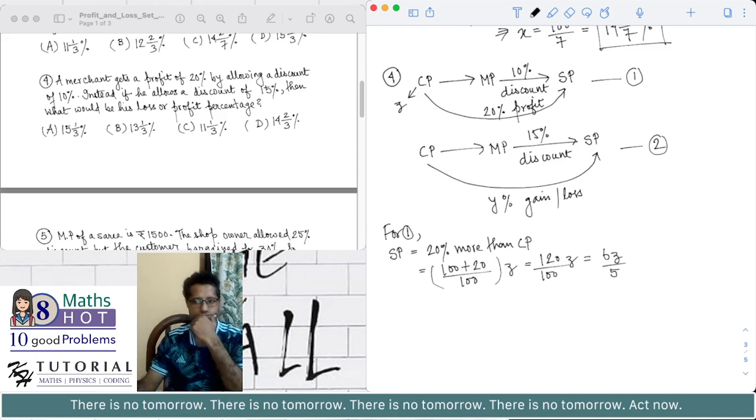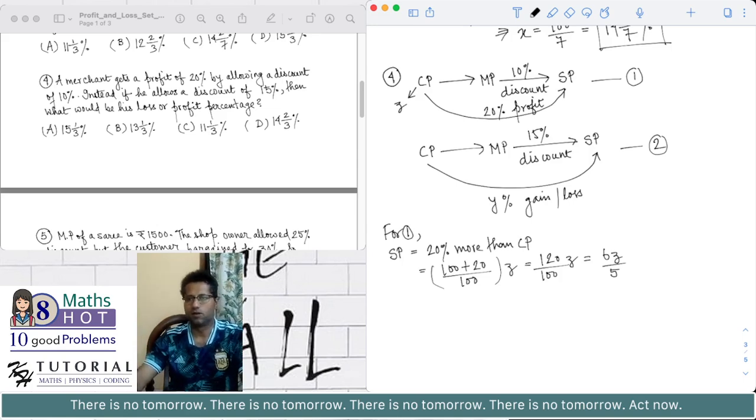Okay. In the second case, we have to find that if the discount is 15%, then whether we are having a loss or gain, and what is that percentage of loss or gain.